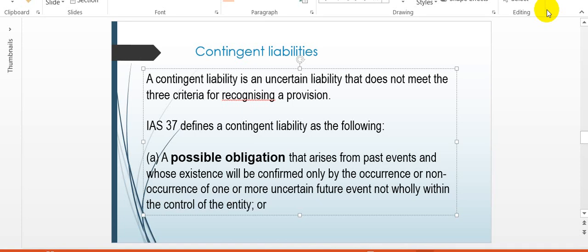Possible, it means it's a contingent liability. So as you read the questions, look out for the words probable, possible, and another word, remote. These are the three most common words which the examiner likes using.